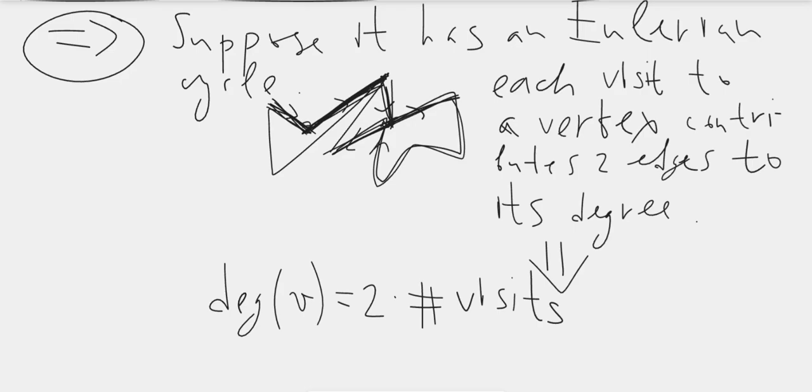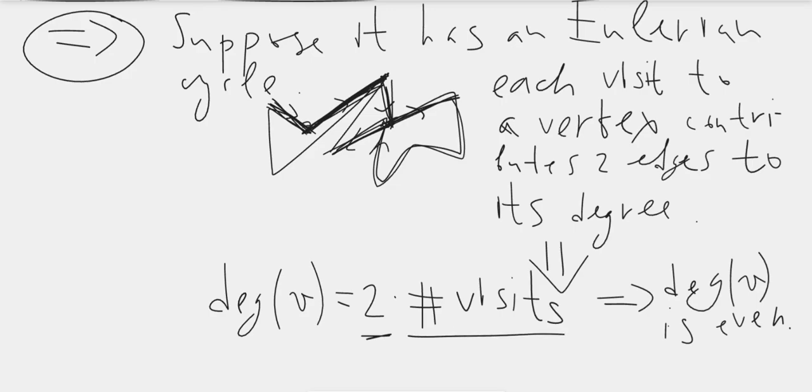So from this we conclude that the degree of v is even, because it's 2 multiplied by some number. So this concludes the proof of this direction.